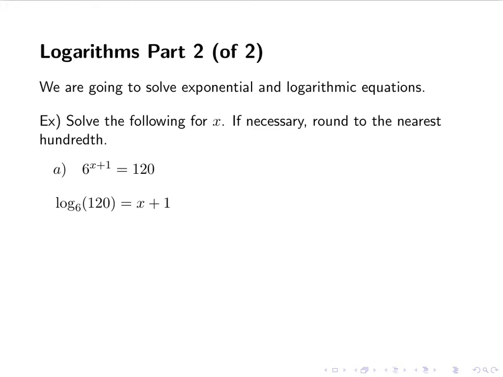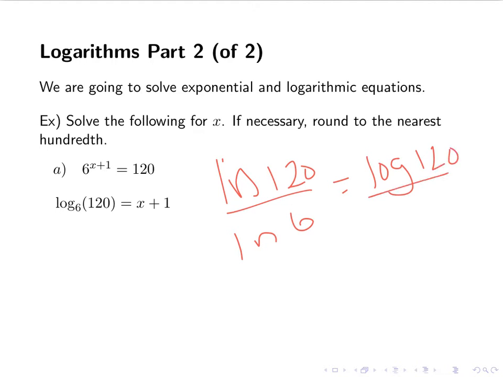To find log base 6 of 120, we're going to use the change of base formula. Remember that's ln of 120 over ln of 6, or we can do the same thing with log 120 over log 6.